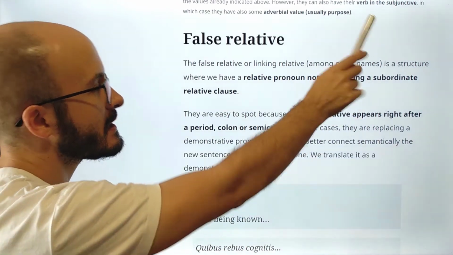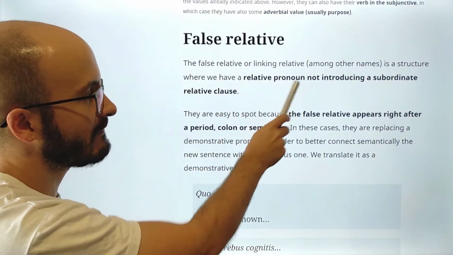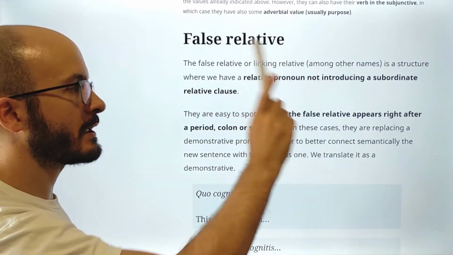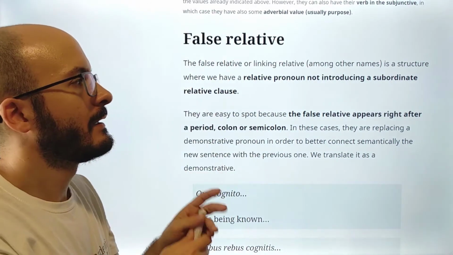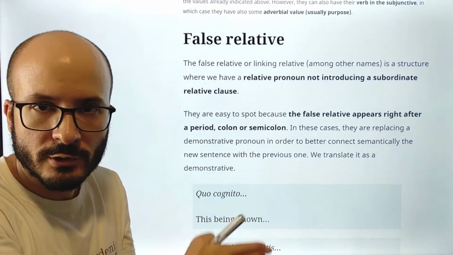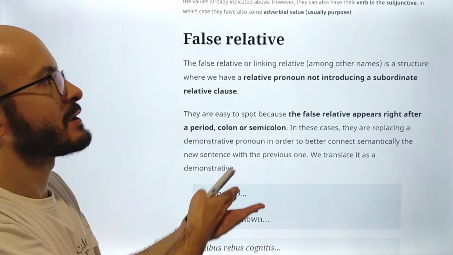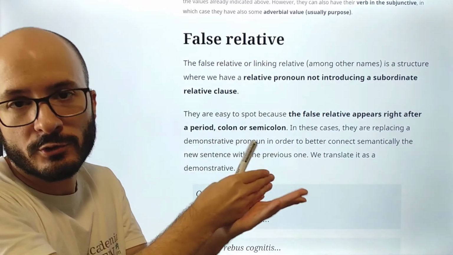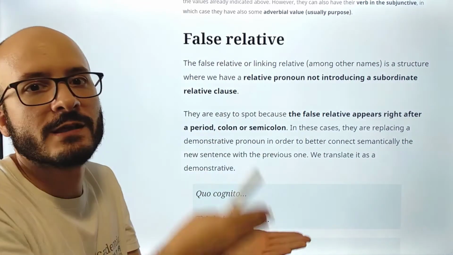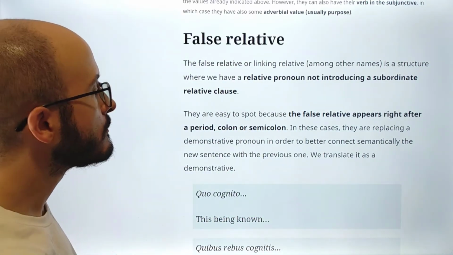Among other names, it is a structure where we have a relative pronoun not introducing a subordinate relative clause. We were saying at the beginning that a relative pronoun introduces a relative clause. Here this is a false relative because it doesn't introduce a relative clause. That's why it is a false relative pronoun.